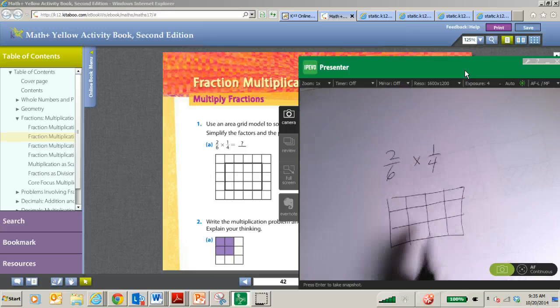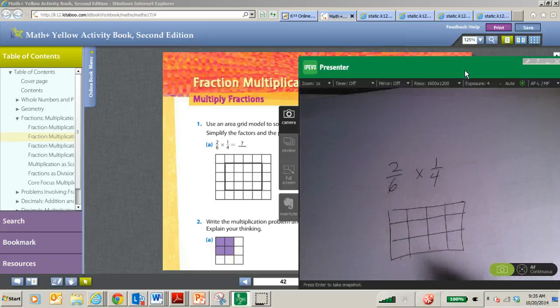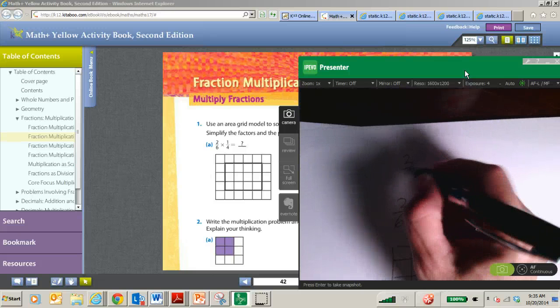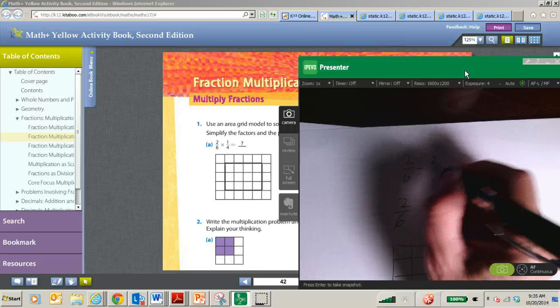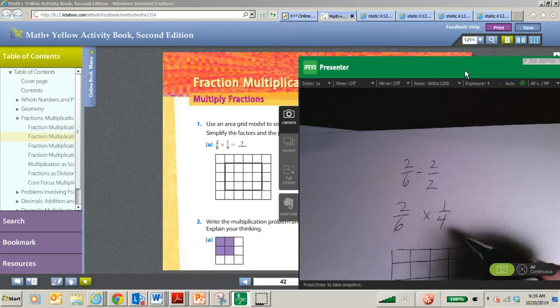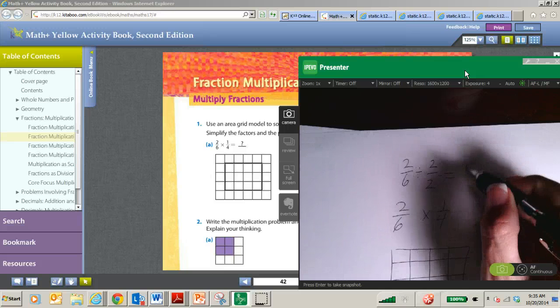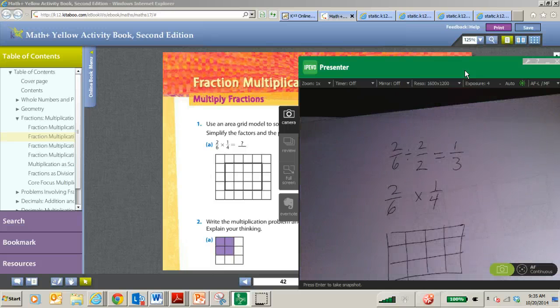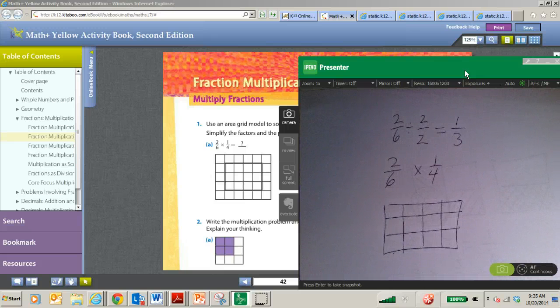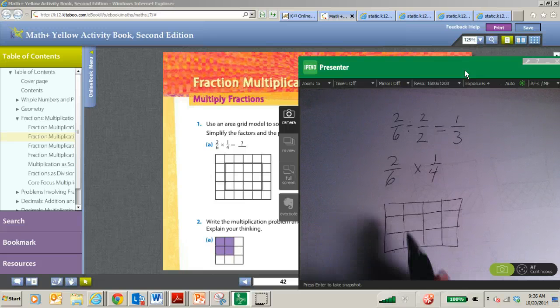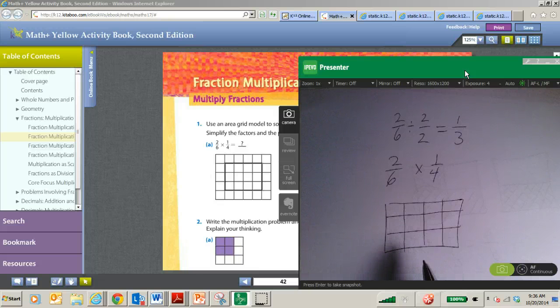And the reason they only have 3 is because they simplified that fraction first. Because I know that if I divide the numerator and the denominator by 2/2, I'm going to get 1/3. So what they have done, and this is a great way to model this without having the fancy manipulatives, you can simply use grid paper and mark off the certain number that you need.